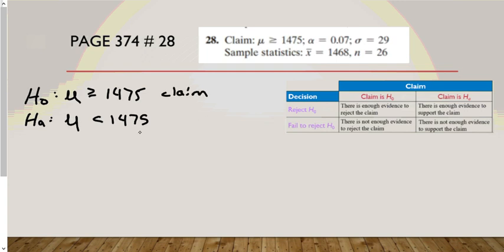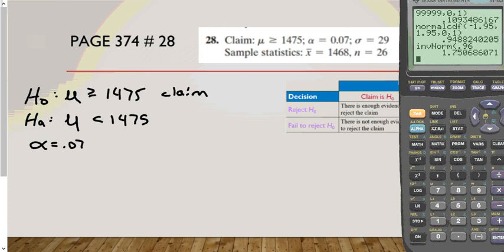Now, in our book, we just go by this default: whichever one has the equality, that's going to go in the null hypothesis, whichever one has the equal sign, so to speak. Okay, so let's go ahead now and notice that we're testing at alpha equals 0.07. So let's go to our calculator and we're going to put this in the calculator.